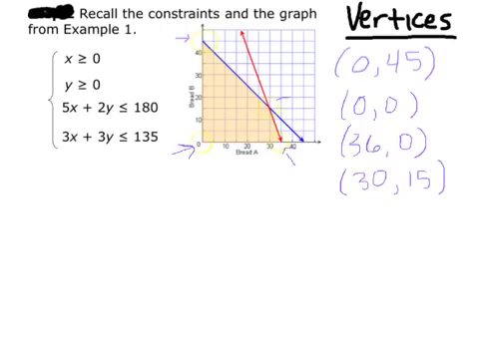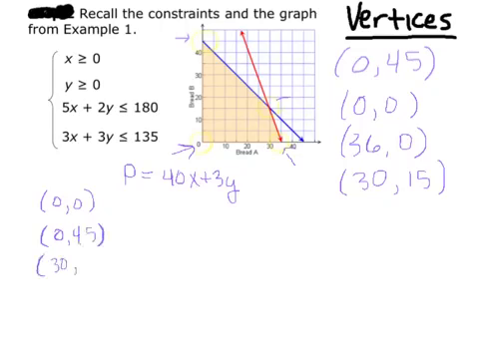What I'm going to do is use my profit equals 40x plus 30y and my vertices. I'm going to list them smallest to biggest. I'm going to plug in x and y for my equation.